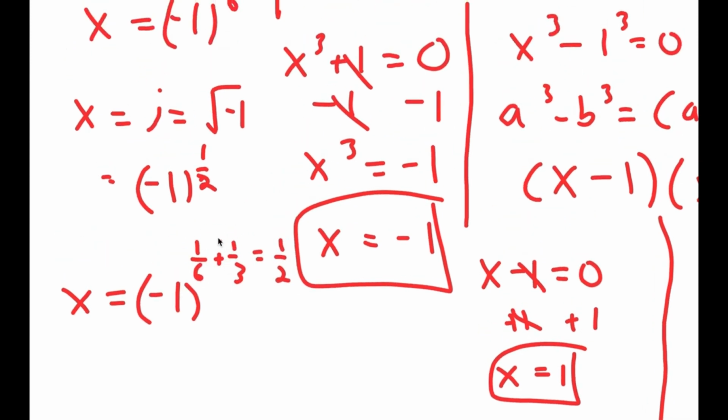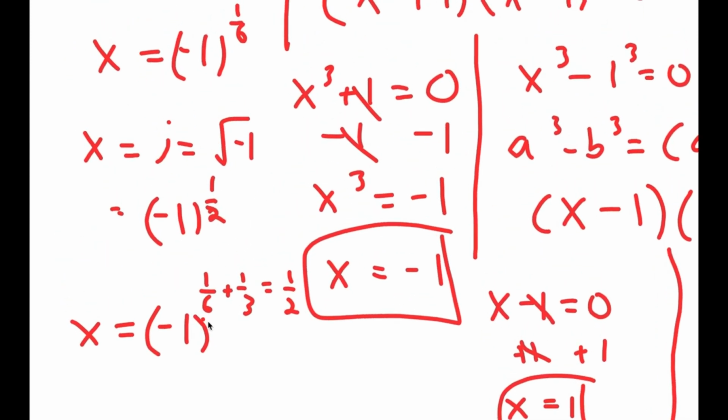So 1 over 6 plus 1 over 3 is equal to 1/2. We know this, meaning we have -1 to the power of 1 over 6, or sorry, 1 over 2 minus 1 over 3 is what we can rewrite 1 over 6 as.